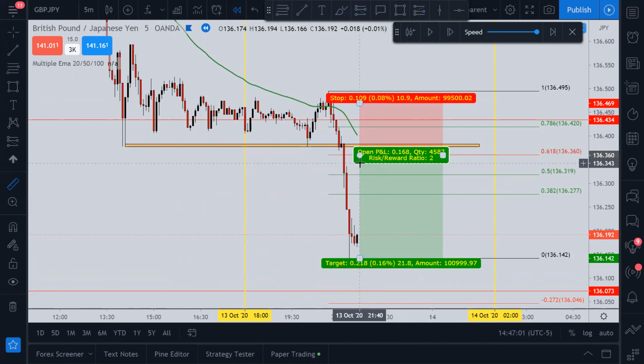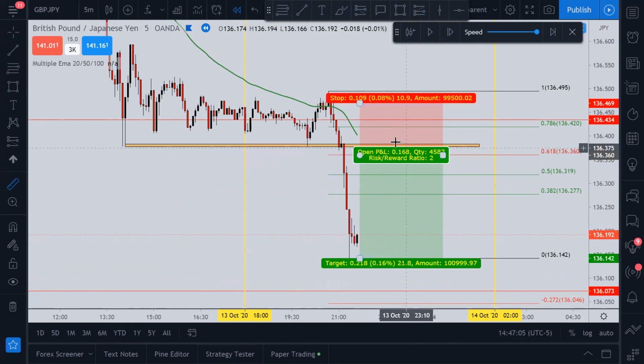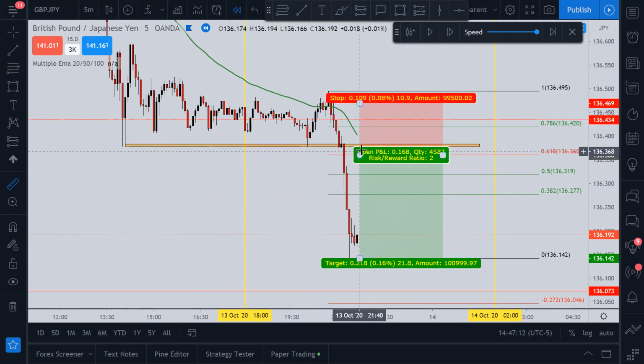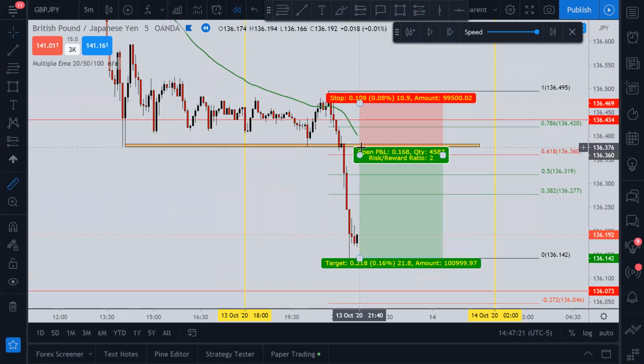All right, I could put my sell order here, but I'm pretty sure I'm going to get wicked up to this area to test this area. So if I wanted to get at the top of the move, I can get in here, but I think getting in early isn't going to hurt me for 1.5 pips.